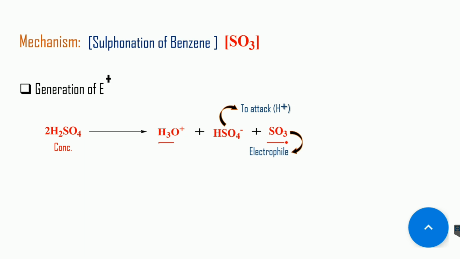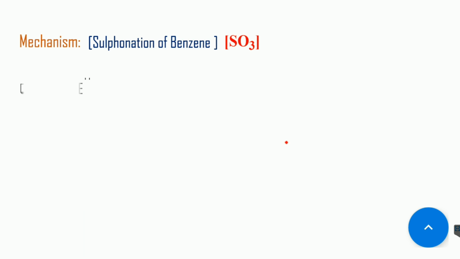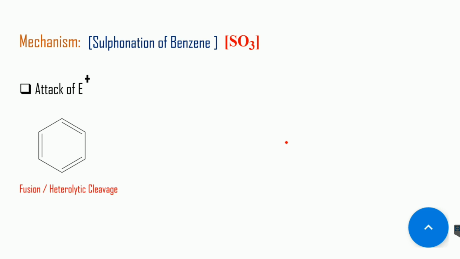Now we go for our next step, that is attack of the electrophile. As we know what is going to happen, here is our benzene. Now fusion is happening in benzene.